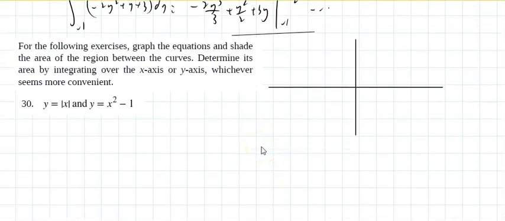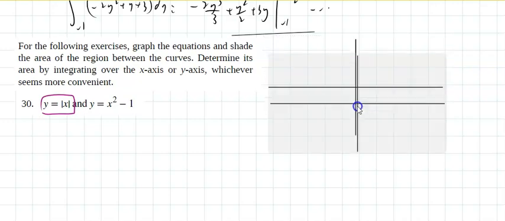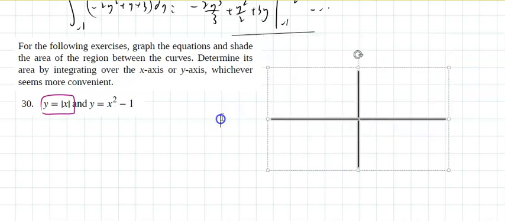Here's another problem. For the following exercises, graph the equations, shade the area of the region, determine if you want to integrate with respect to x or y, and go from there. Whichever is more convenient. y equals absolute value of x. Let me center that properly: 0, 0, 1, 1, negative 1, 1.